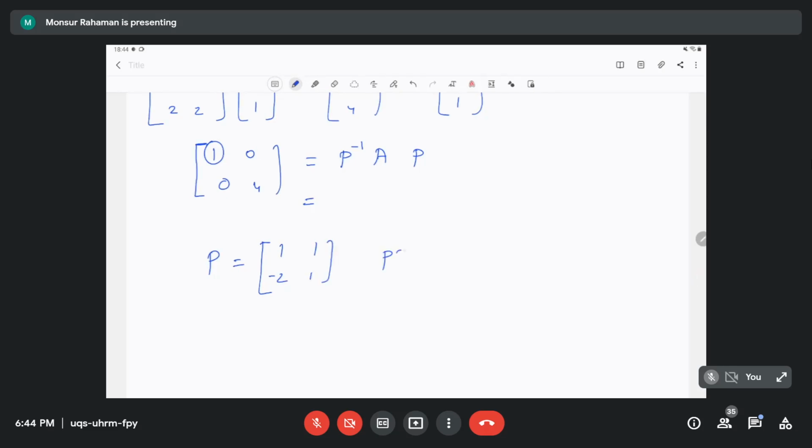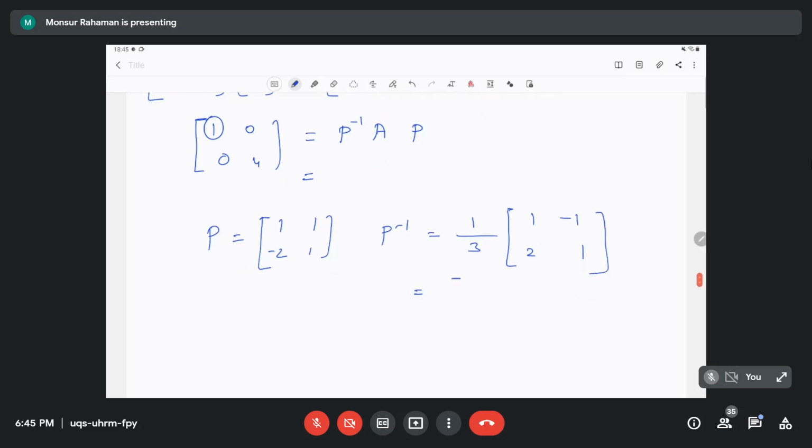So P inverse is like 1 by determinant, 1 by 3, 1, 1, minus 1 and 2. So this is 1 by 3 minus 1 by 3, 2 by 3, 1 by 3.